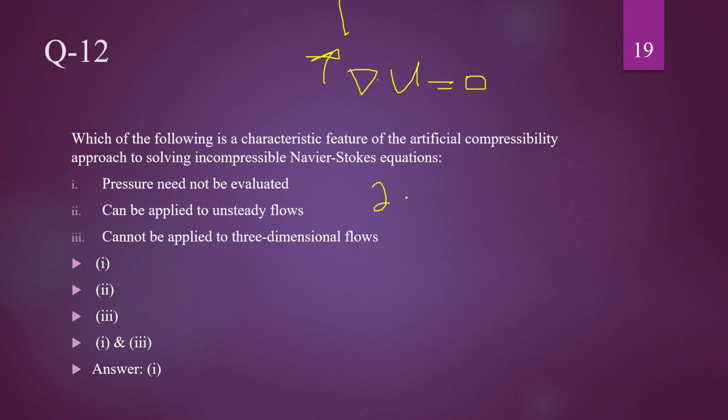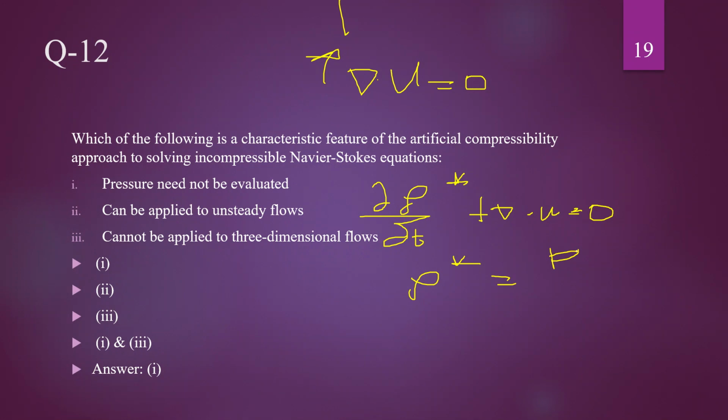So in the artificial incompressibility method, we use one term like ∂rho star/∂t plus del dot u is equal to 0. And this rho star is equal to P by beta square.